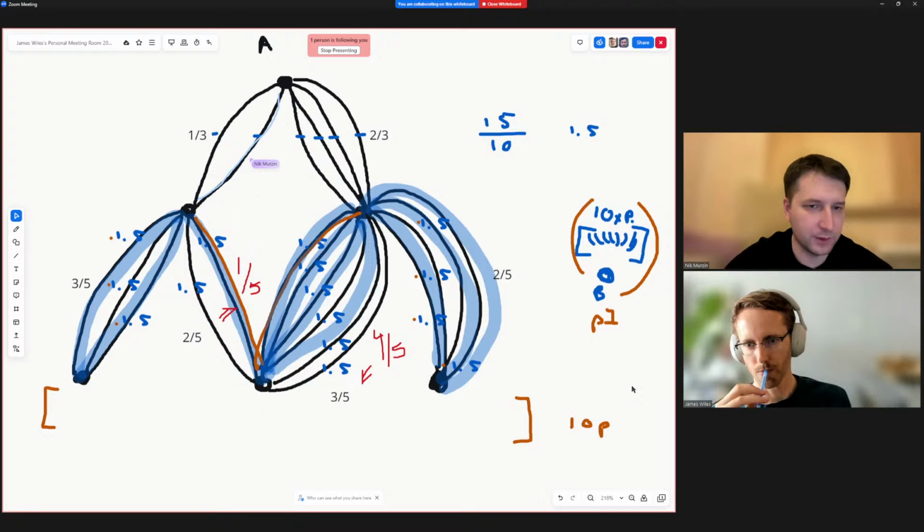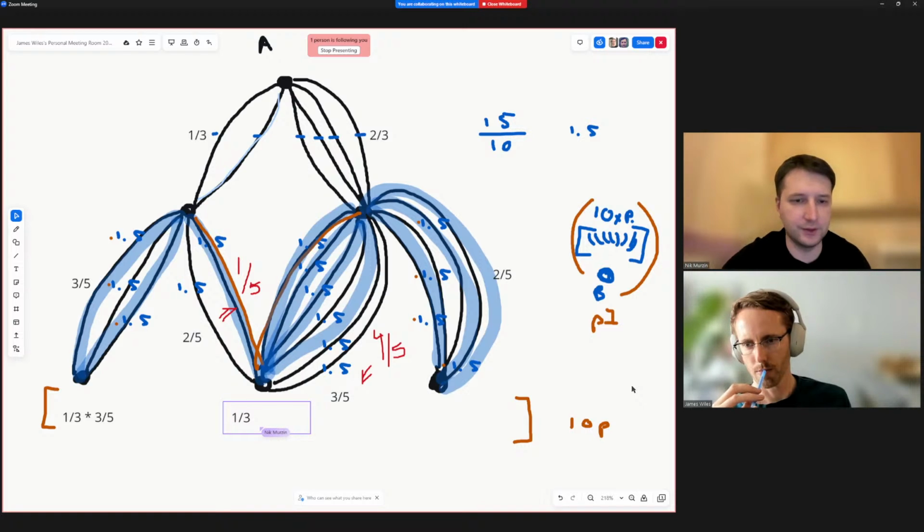So what would happen if you actually compute the paths here? Now, in this branch, you have 1/3 times 3/5, right? Mm-hmm. Here you have two paths. You can take the left first, or you can do this times this.